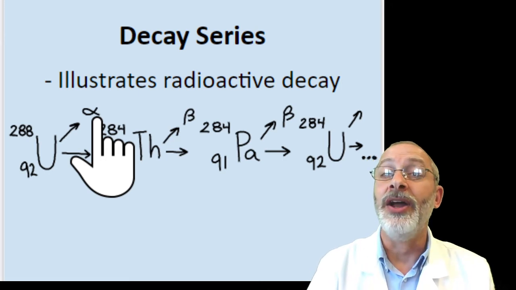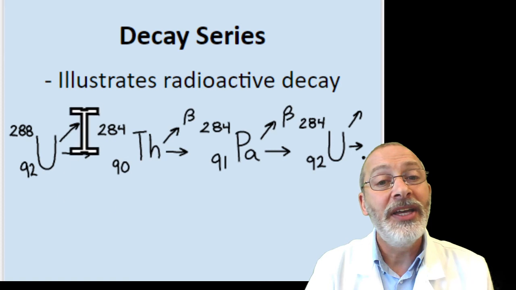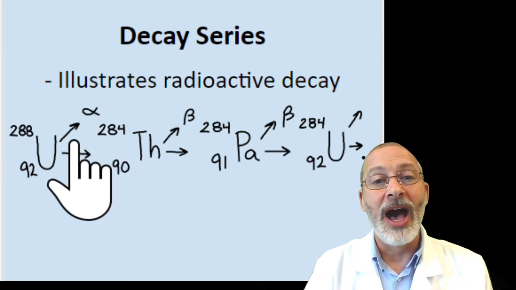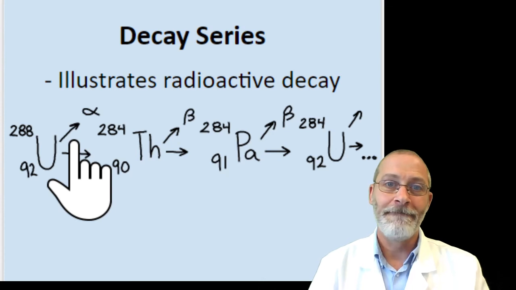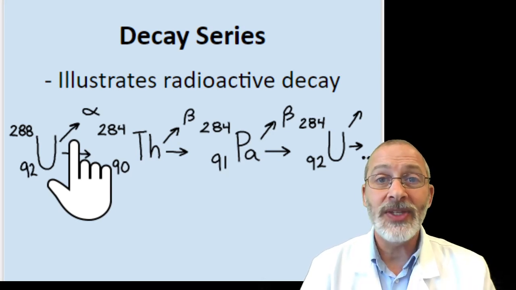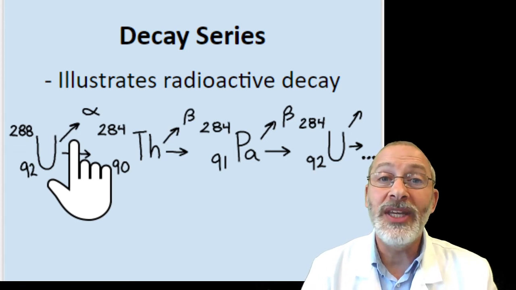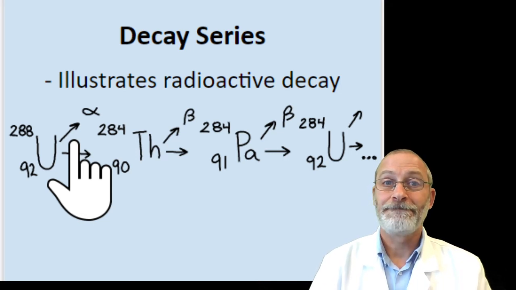During alpha decay, I want you to think about the chart from the beginning of this period. What happens to the atomic mass and what happens to the atomic number during alpha decay?